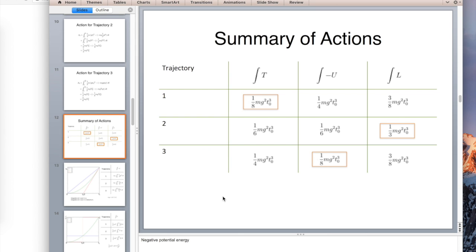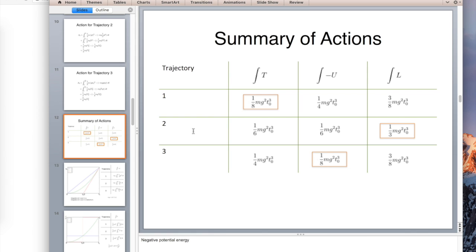From this table, we can see that the first trajectory has the smallest kinetic term of the action, while it has the largest potential energy term of the action. The third trajectory, in contrast, has the smallest potential energy term of the action, while it has the largest kinetic energy term of its action.